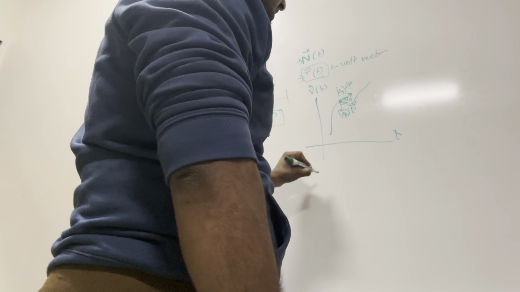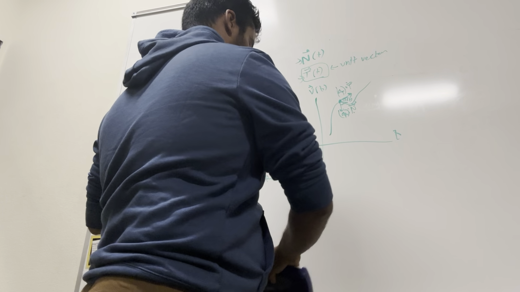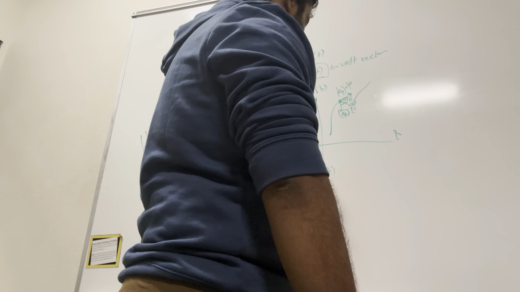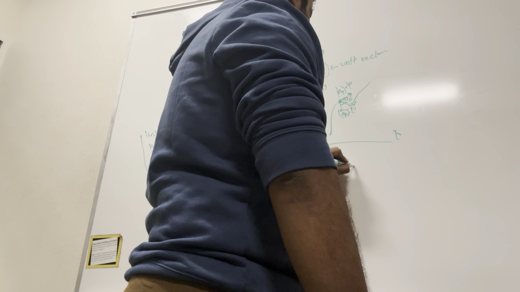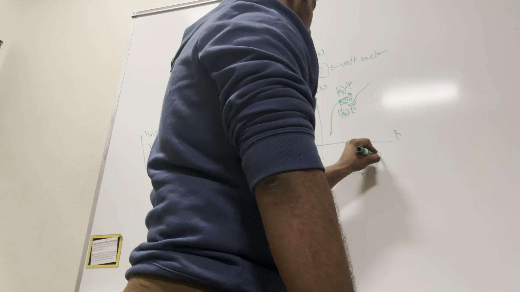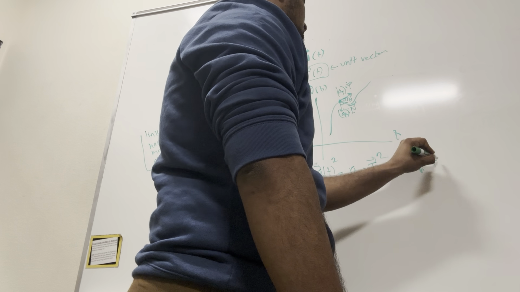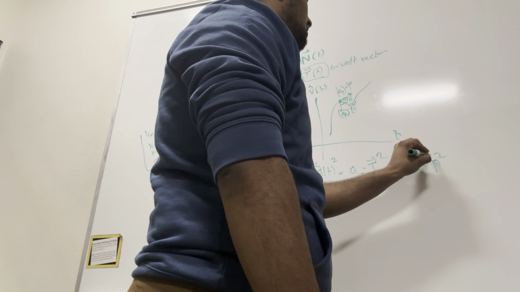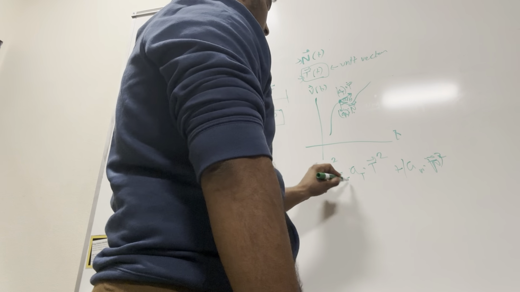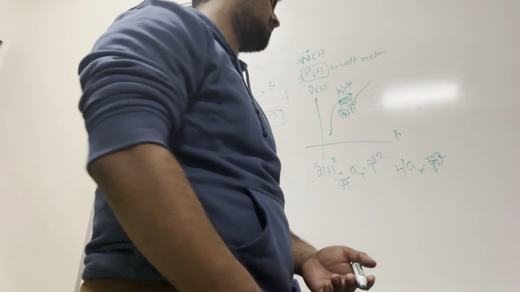So through the Pythagorean theorem, we can say a sub t is equal to the scalar tangent times the unit tangent vector squared plus the normal component squared. Through this, we can figure out any other relation that might be relevant.